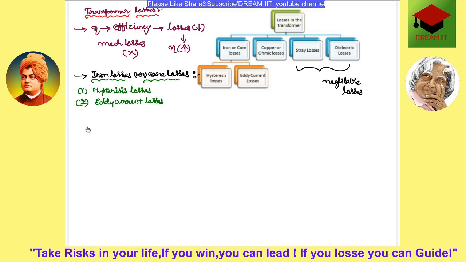Let us see the iron losses and hysteresis losses. What is the meaning of hysteresis losses? Whenever a magnet goes through magnetic flux reversals, heat is produced due to this.